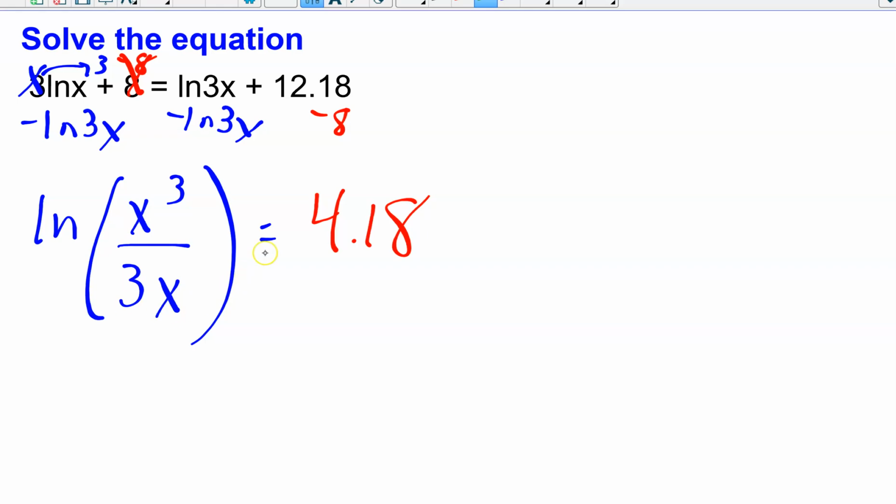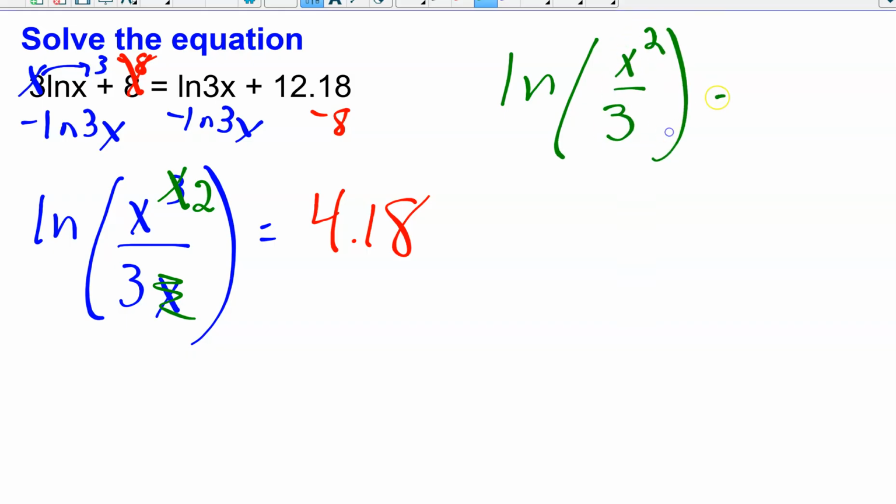And then in order to separate these, I could simplify this, and maybe I want to do that. There's 3 on the top, 1 on the bottom. So I'm going to make that 2 on the top. So I could simplify that. And then in order to separate an x from the log, I need to go exponential.